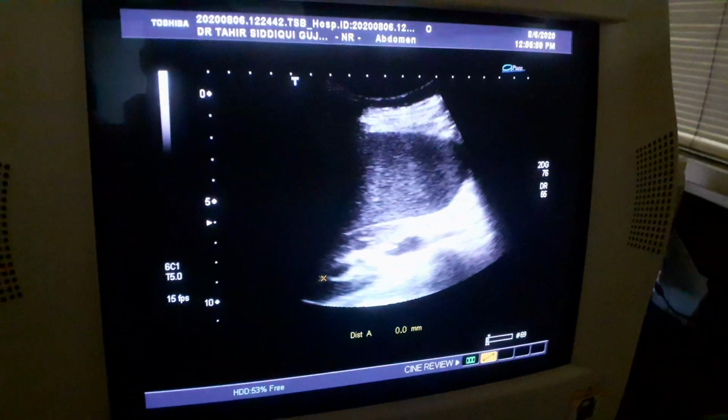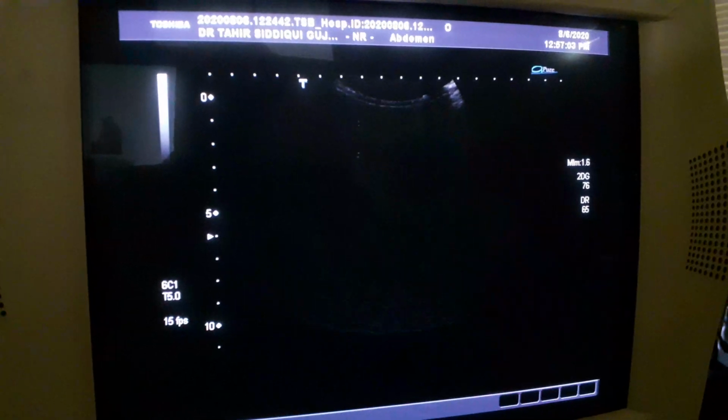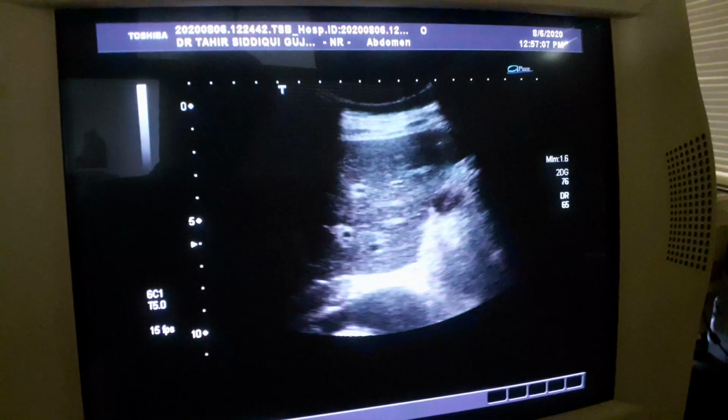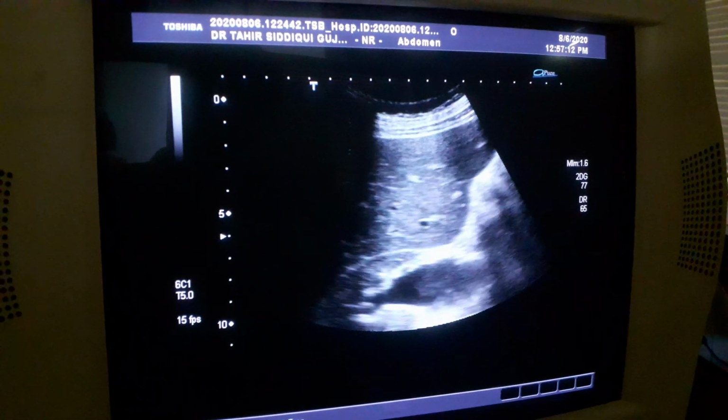These are the calyces on the left side. Mild dilation because of the mass effect from the paravertebral location, multiple enlarged lymph nodes.